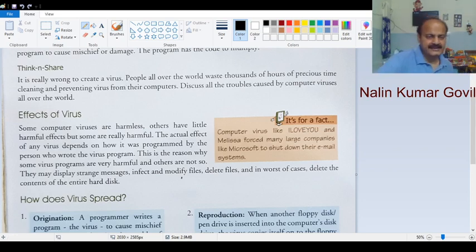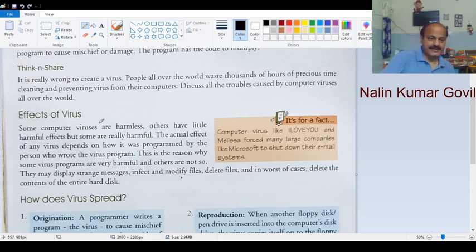Due to viruses, people waste thousands of hours. Clear? Why? Because of cleaning the virus as well as preventing the computer from the virus.